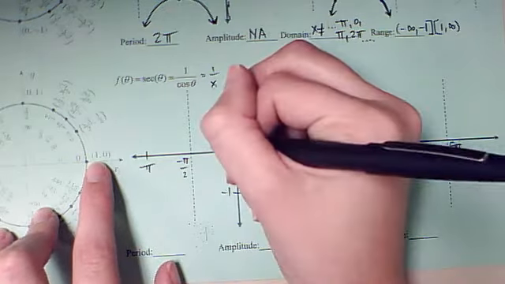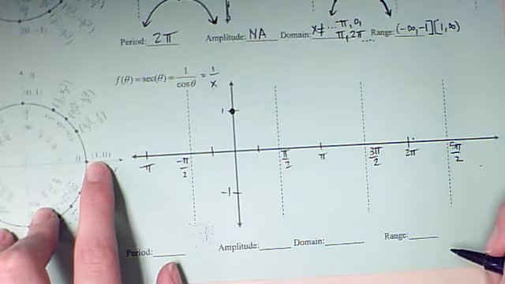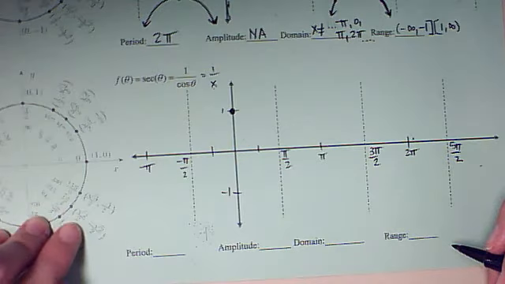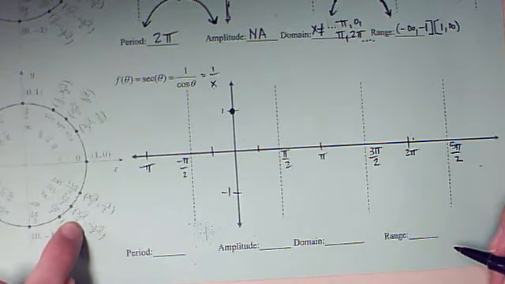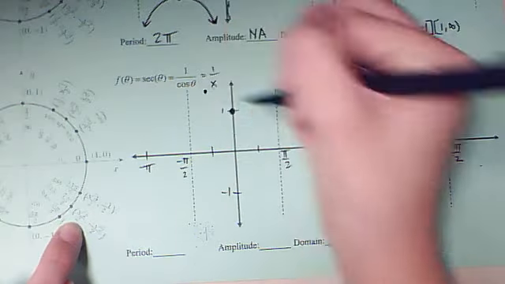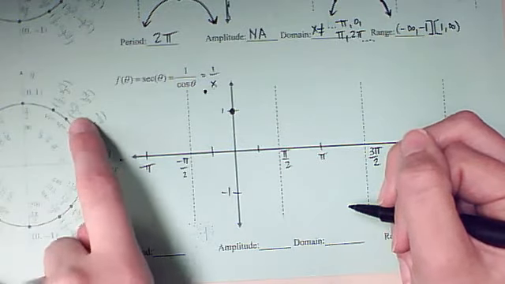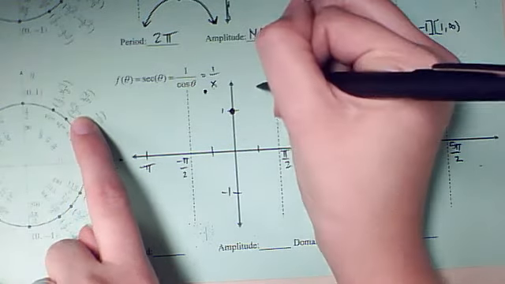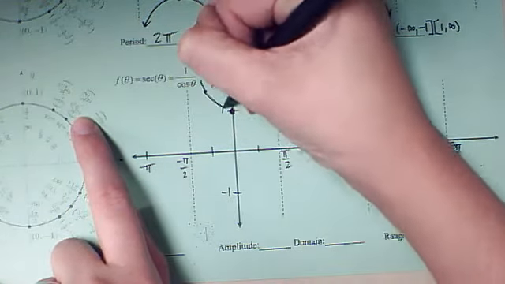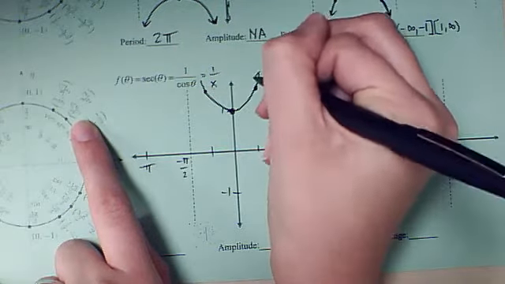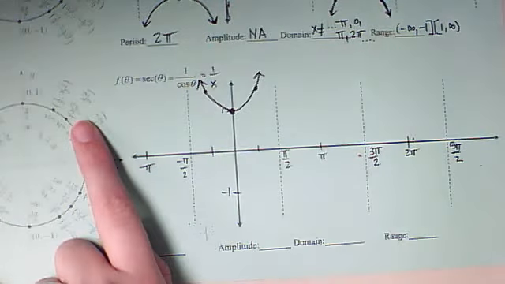Okay, now around that, I could go to negative pi over 4 and pi over 4. If I go to negative pi over 4, the x value is root 2 over 2, which we know is 1.4. If I go to pi over 4, my x value is root 2 over 2, which is also 1.4. And so if I draw my scoop, that one is facing that direction.